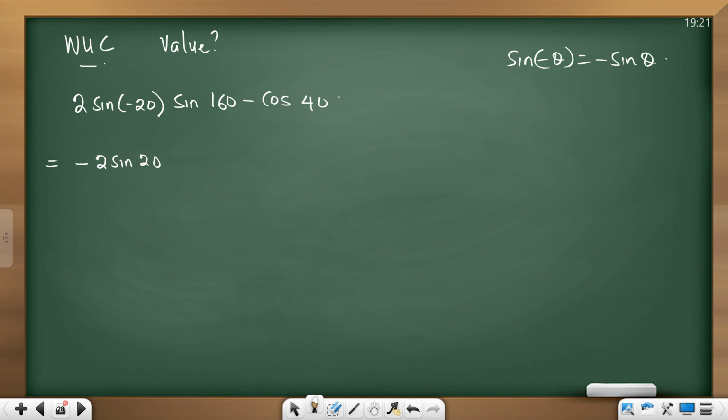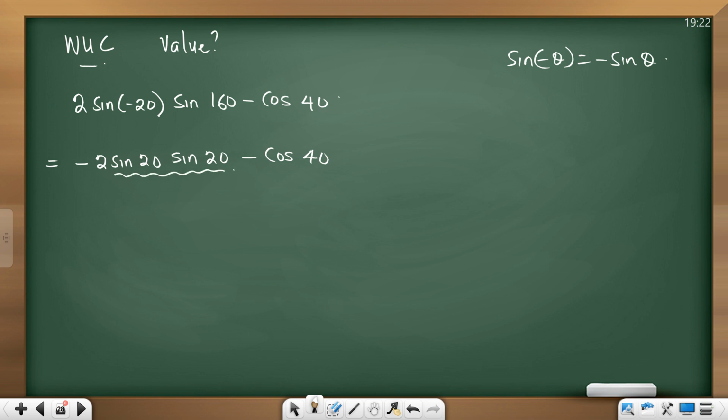It's in the second quadrant, so sine 160 is sine 20. 20 is an acute angle, so you don't reduce it. Minus cos 40. I don't even know where we are going, but we're just seeing what to do.